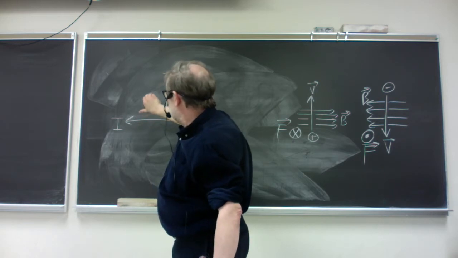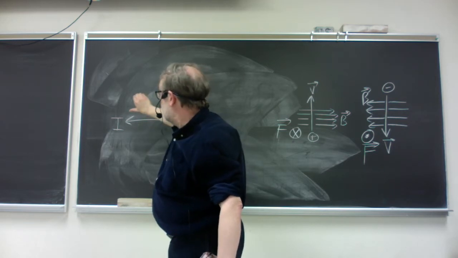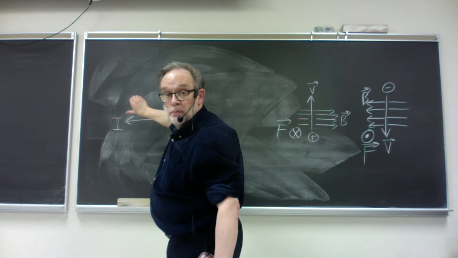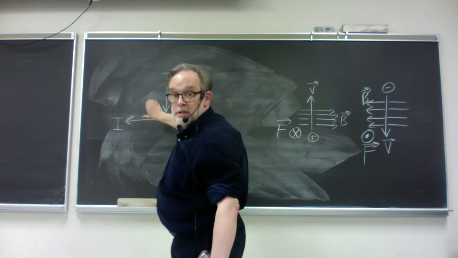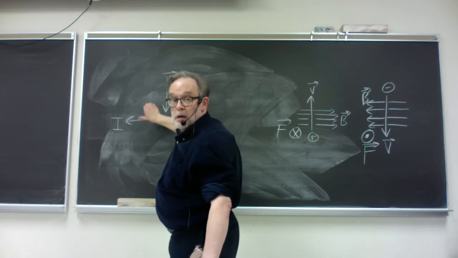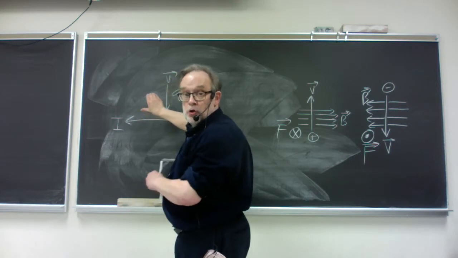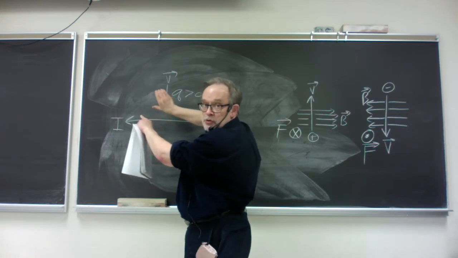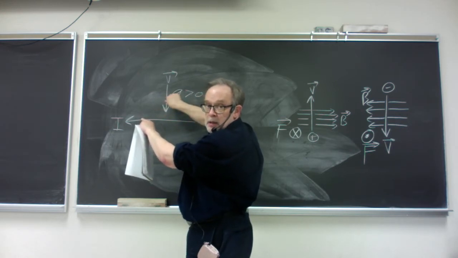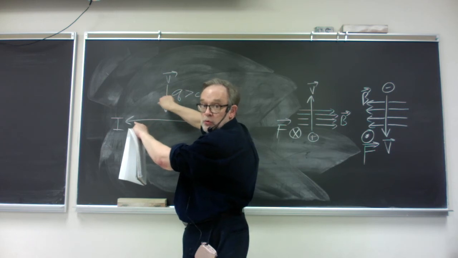So, for example, here, when my fingers are above my thumb, remember my thumb represents the current, that means that it points above the current, above my thumb. My fingers are pointing that way into the blackboard.